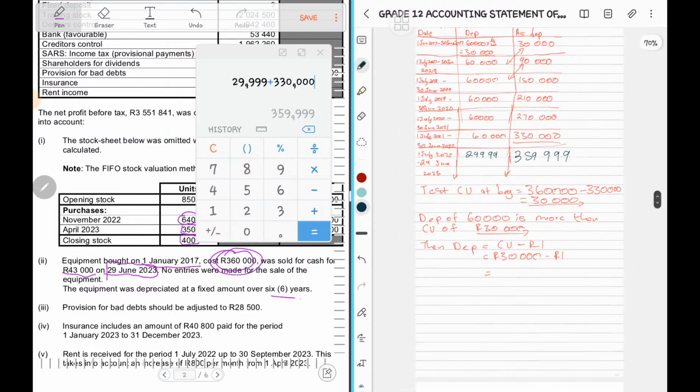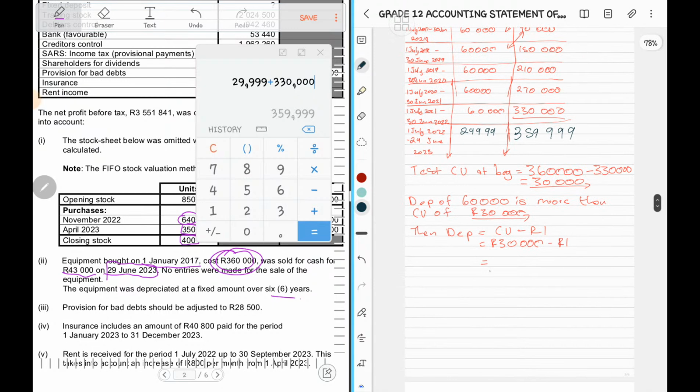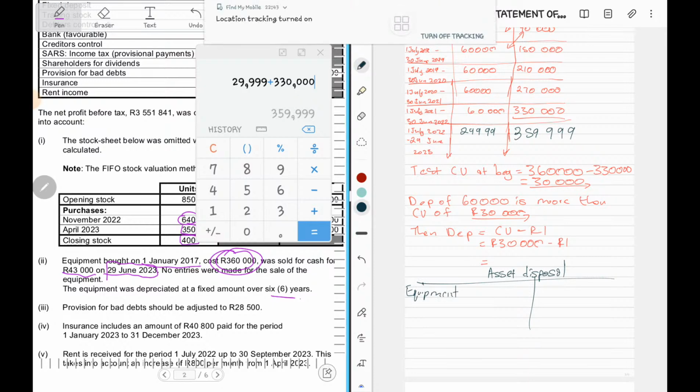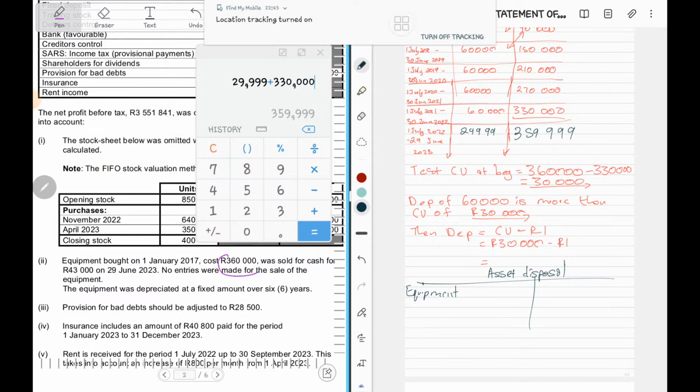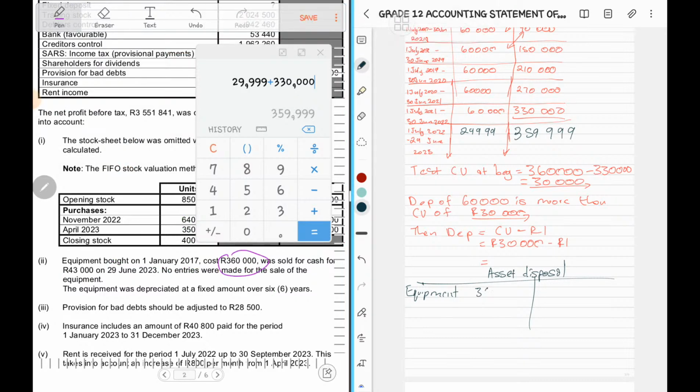Then that means that the accumulated depreciation at the date of disposal will be 359,999. So if we are to prepare the asset disposal account, we can use many ways. We can determine the profit that was made. First of all, the cost of the equipment. According to this info, it's 360,000. So here we record the 360,000.